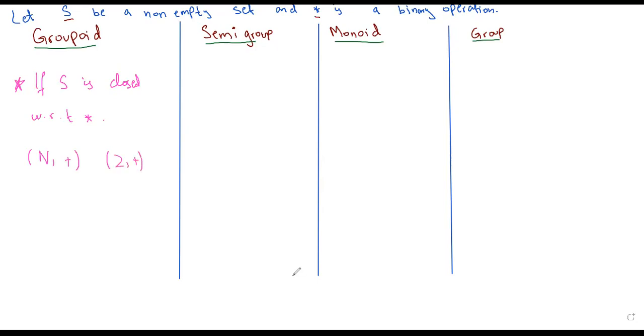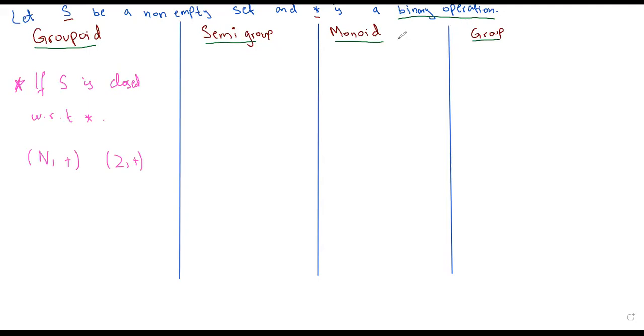Okay, let's talk about groupoid now. Just like we said for a binary operation, what we need to have is that if we pick up any two numbers randomly from that set, and when we apply the binary operation, in the previous examples, we have been discussing addition only, the answer should be in that set. And that particularly is called the closure property. So that is for a binary operation, right?